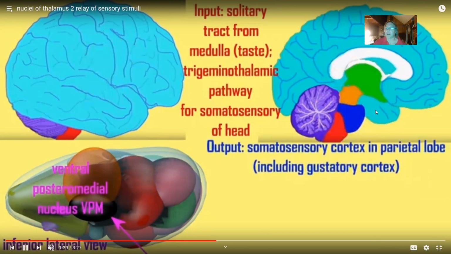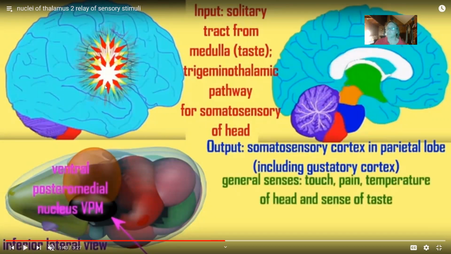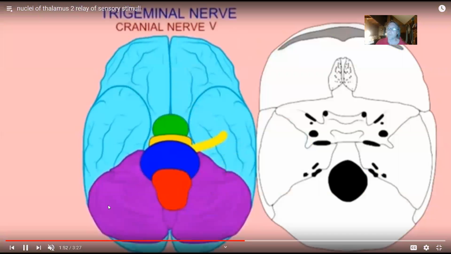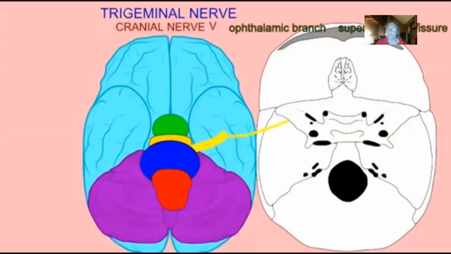Also, the solitary tract from the medulla is going to bring taste information. And so notice that that somatosensory cortex, which I had shown you earlier on a still, had a region that corresponded to touch of the head. And then also in the same area was the gustatory cortex, which then allows the sense of taste. And so lesions in this area of the thalamus would prevent us from being able to feel our face or to taste.